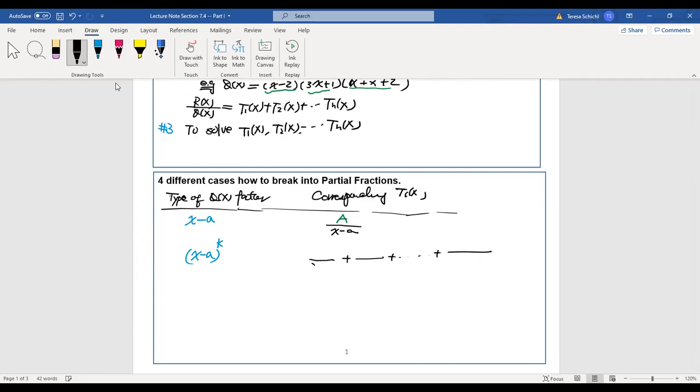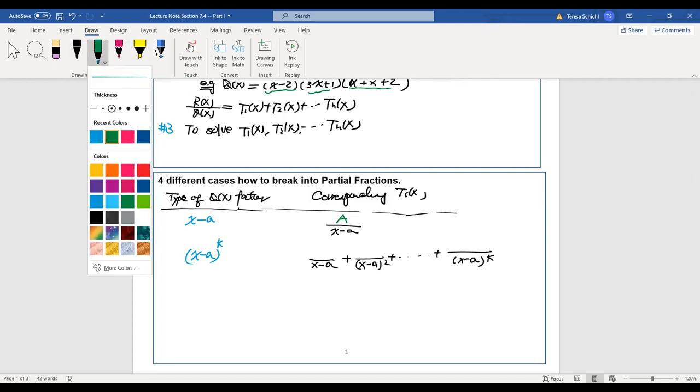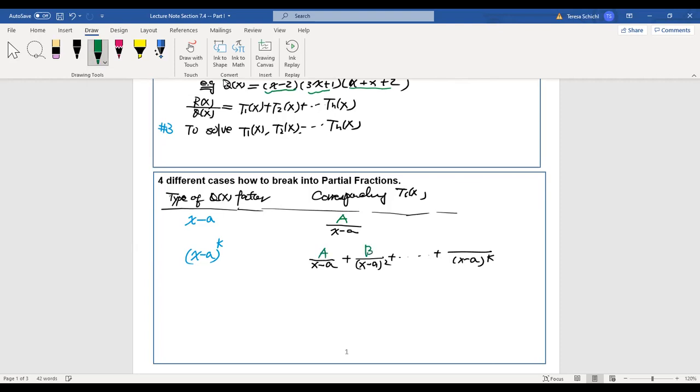Because this is x minus a, then you have x minus a squared, and up to x minus a to the k-th power, right? And then for each one here, you still have constants, so let's do A1, A2, to Ak, right? That's why when step 3 says solving, that means I need to solve for those constants here.